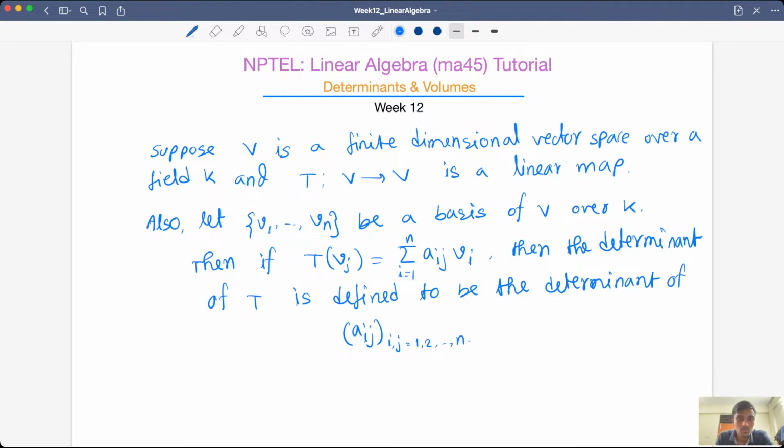Okay, so this is the standard definition of determinant for a linear map in a finite dimensional vector space.